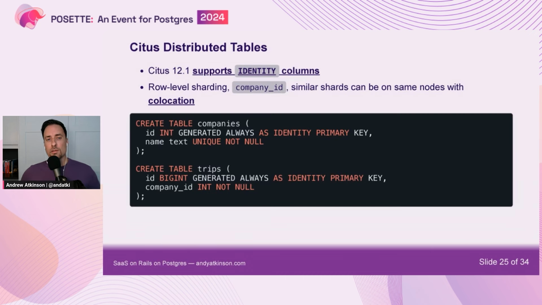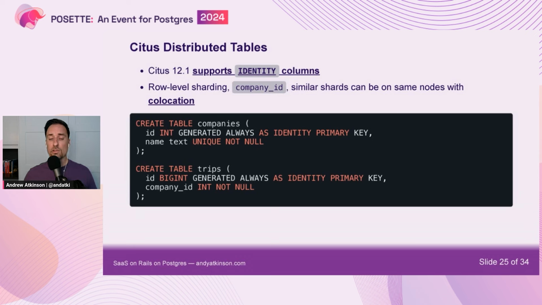So Citus has some new concepts to learn. It has the concept of distributed tables that we'll look at. The code samples here are on the newest version available of Citus, which supports identity columns. And here we're setting up, again, our companies table and our trips table using identities. We're going to look first at row level sharding with our company ID.